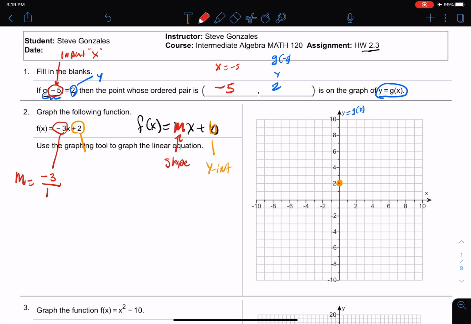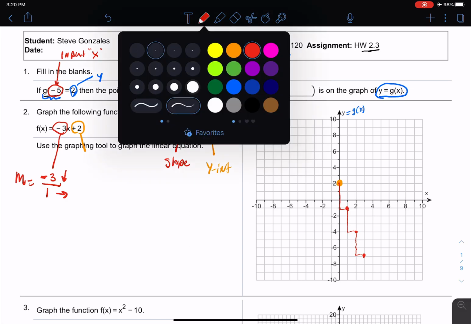But because of the negative, how does it step out or slope out? Down 3, right 1. So from the starting point, we're going to go down 1, 2, 3, right 1. And 1, 2, 3, right 1. And so on. We already have enough information to go ahead and make our line.